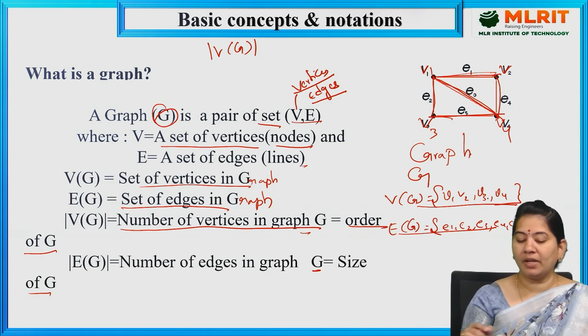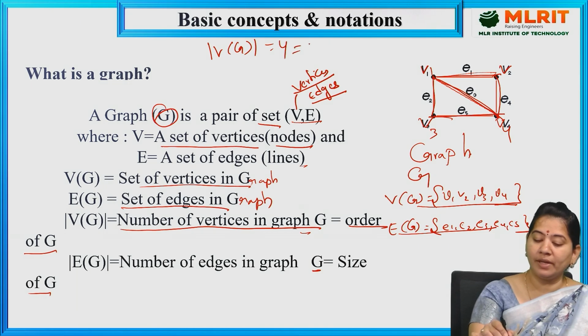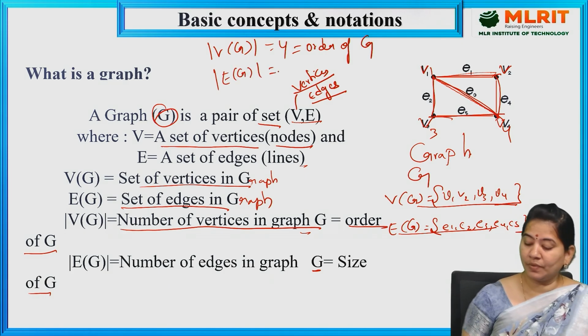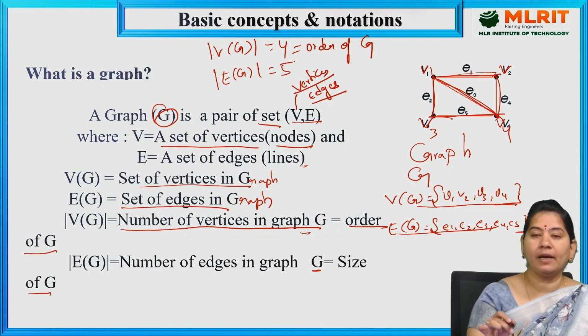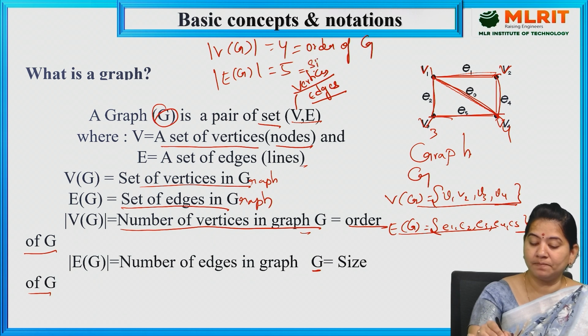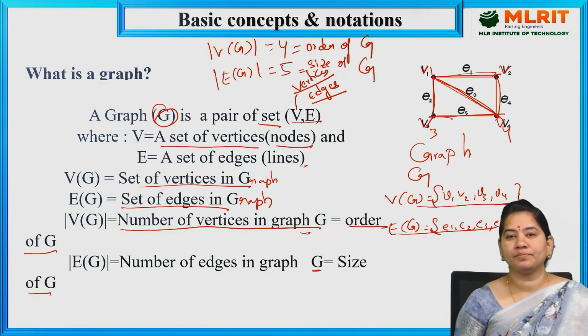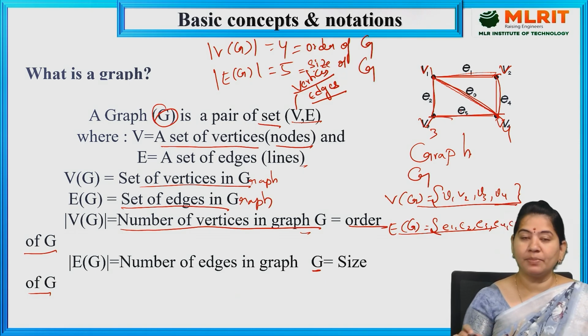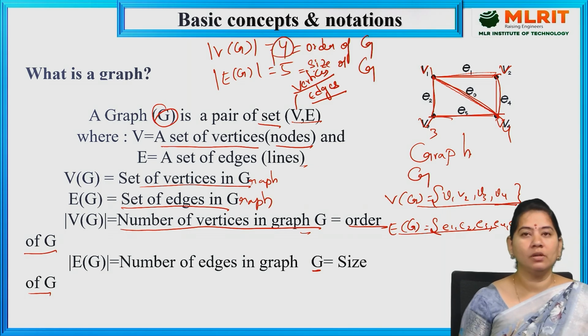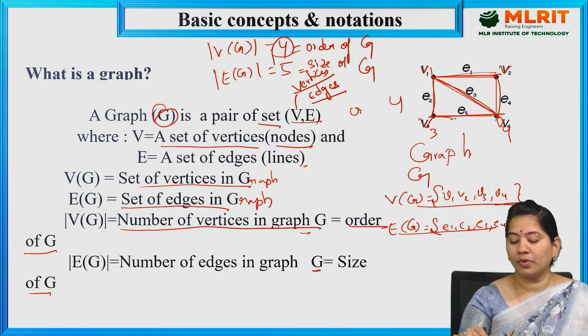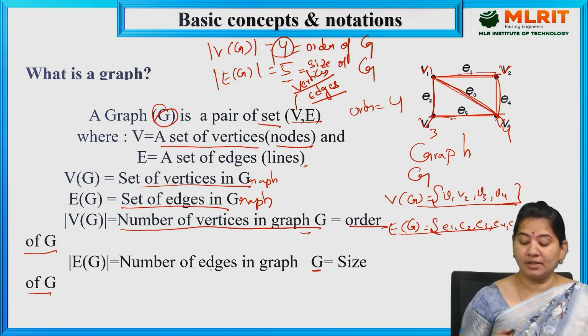The number of vertices we have here is 4, so this is the order of G. Mod E of G is the number of edges: 3, 4, 5, total 5, which we call the size of G. So for this particular graph, mod V of G, the order, is 4, and mod E of G, the number of edges in the graph, is 5.